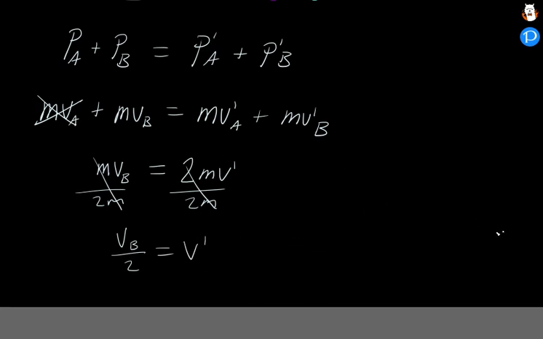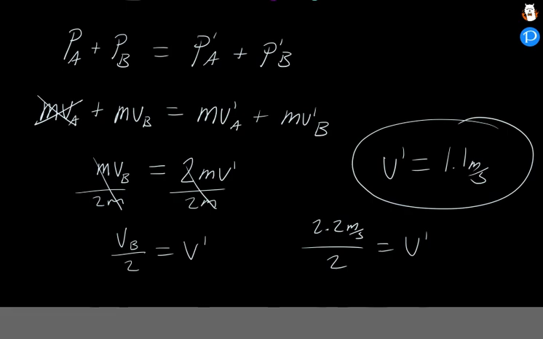Plug in the numbers. The velocity was 2.2 meters per second for car B, divided by 2. So the final velocity of both the cars together is just this cut in half, so 1.1 meters per second.